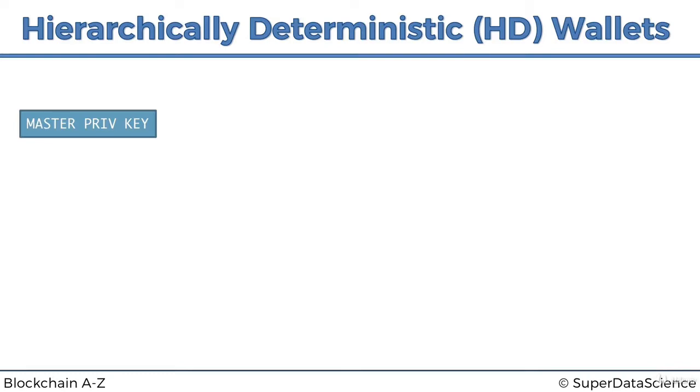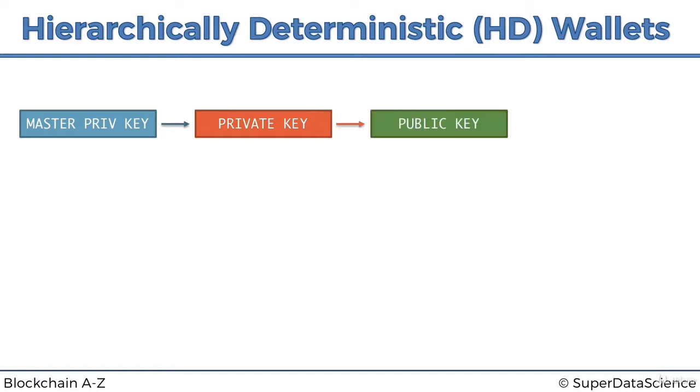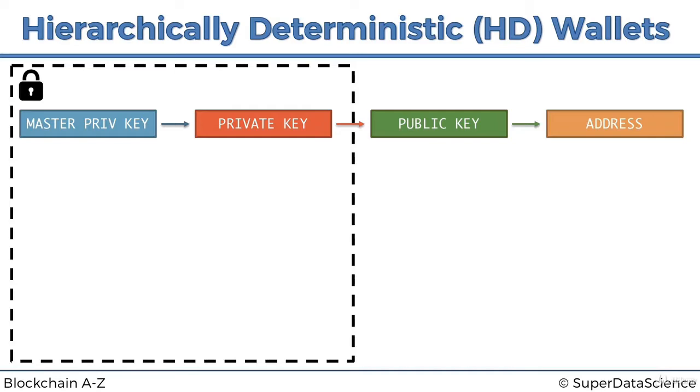And then from that master private key, a private key is generated. The private key is used to generate a public key, and the public key is used to generate the address. So this part is kept secure, so you shouldn't tell anybody your master private key or your private key. Same thing here, the address is something you can share freely.